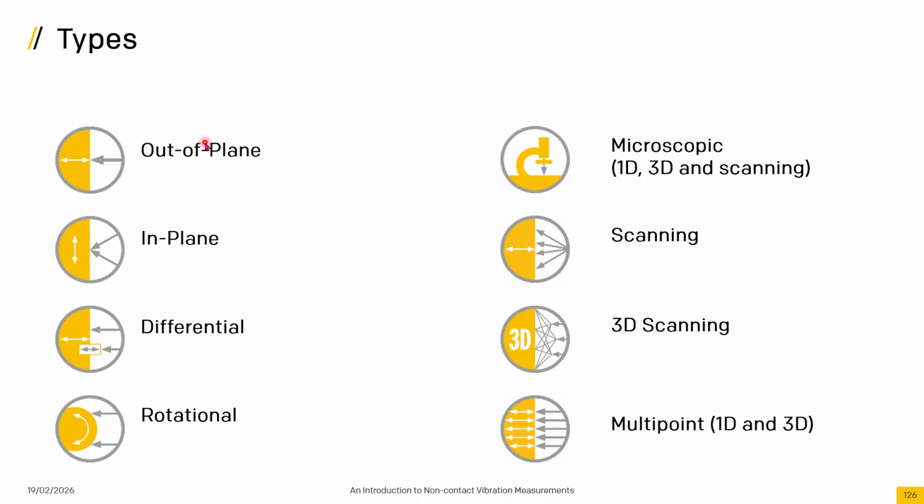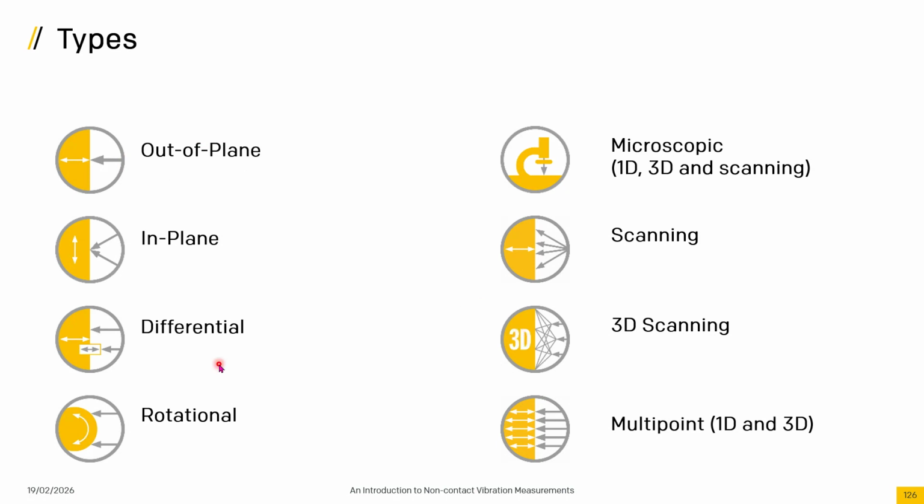There are flavors of this out of plane, whether it's single point or scanning. And then we get into 3D scanning. Scanning falls under what we call full field, so it's not just one point, but a whole surface that you're trying to measure.